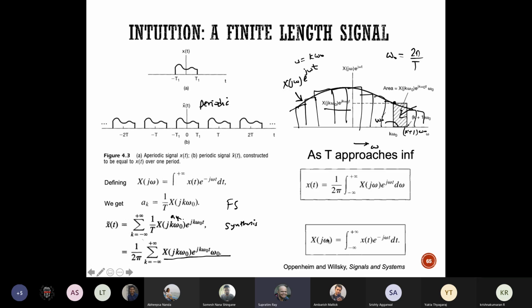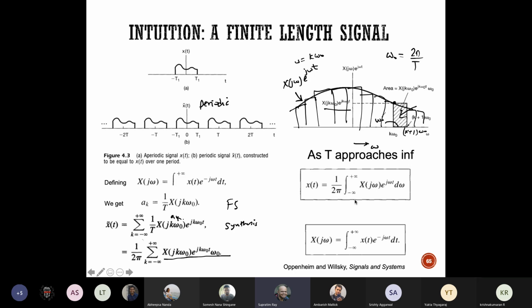In general, convergence can be obtained, which means that this will work, if x(t) is square integrable, which means that if I square the signal and integrate it from minus infinity to infinity, it should be a finite number, can't be infinite. Then this representation will converge to the original signal in the mean square sense, which means that the energy of the difference will go to zero.